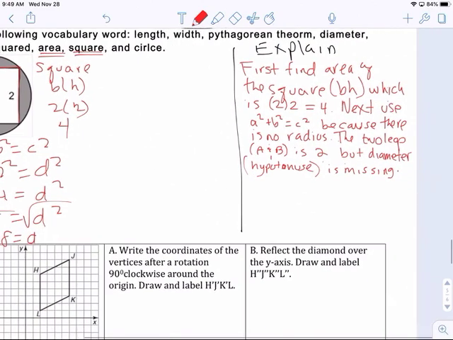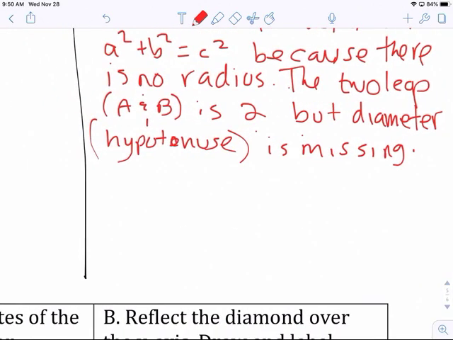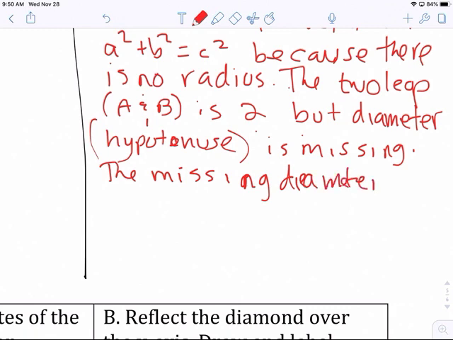Therefore, solve to find the diameter. The missing diameter is 2.8, so the radius is 1.4.